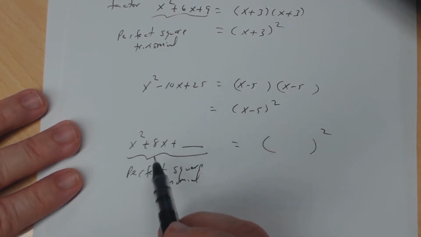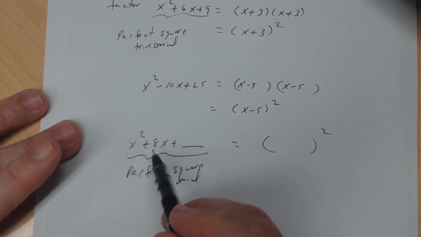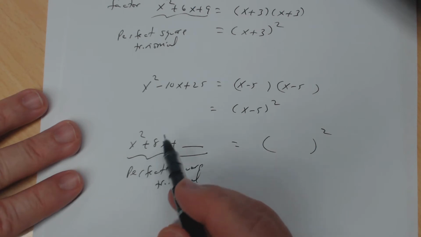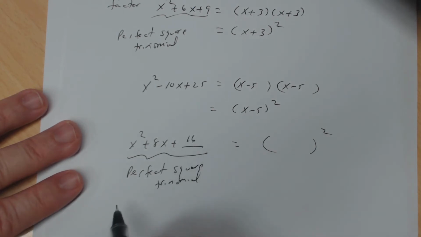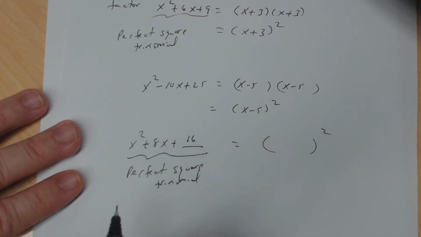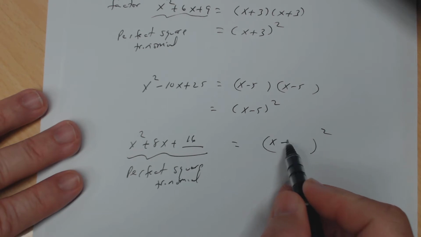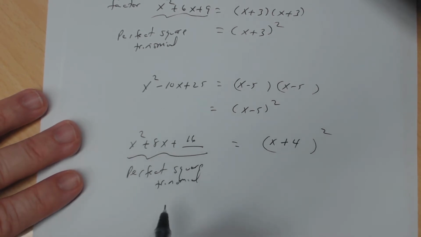Well, just like we did here, look at the coefficient of x, so look at b. b is 8. If I take half of 8, I get 4. And if I square 4, I get plus 16. So half of 8 is 4. 4 squared is 16. And then I can factor this now as x plus 4 squared.